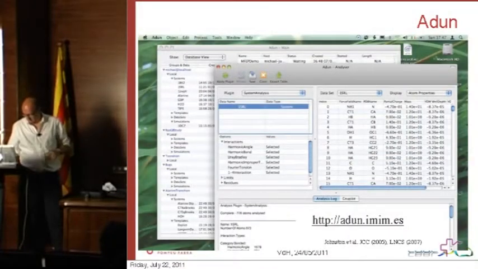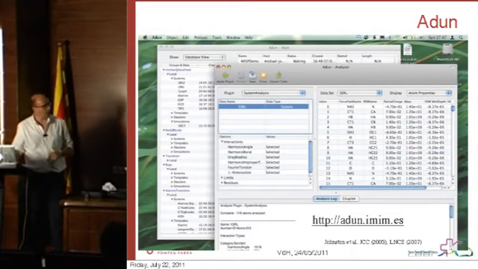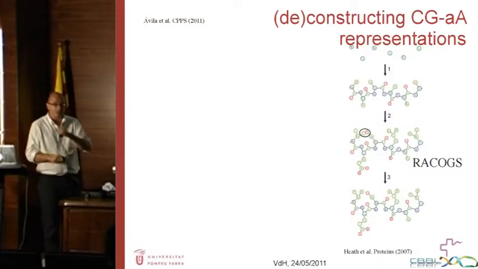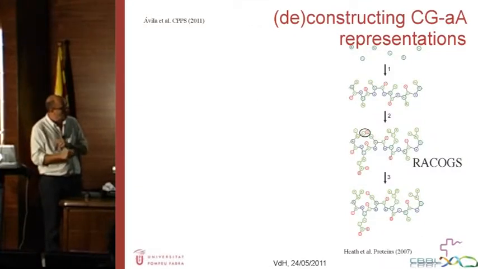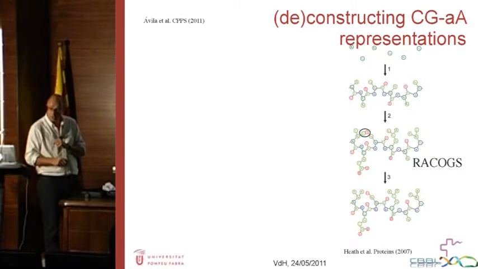Anyway, let's just skip this because it's just propaganda. What is interesting here is that when you are doing this simplification of your system in these little balls, at the end of the day you have to end up with something that more or less resembles the original system with all the atoms.